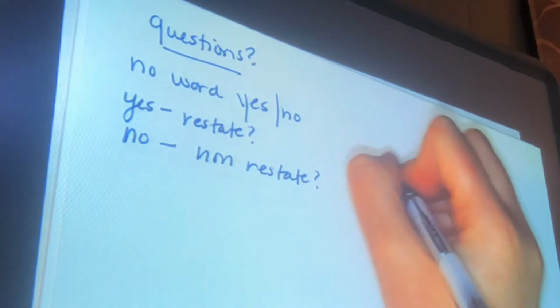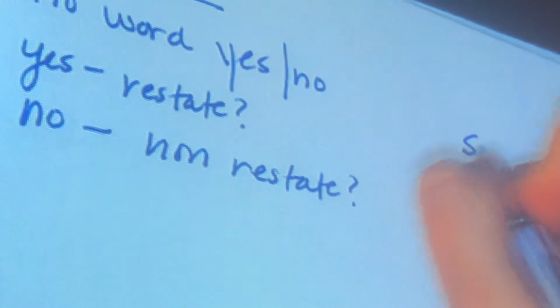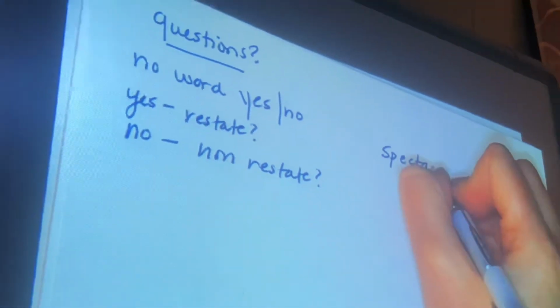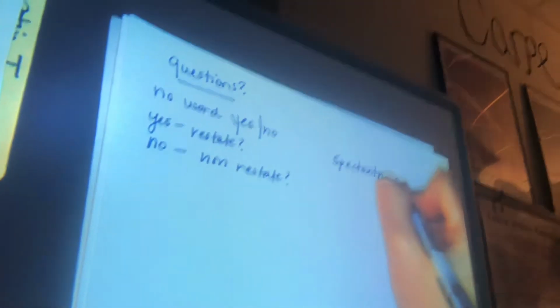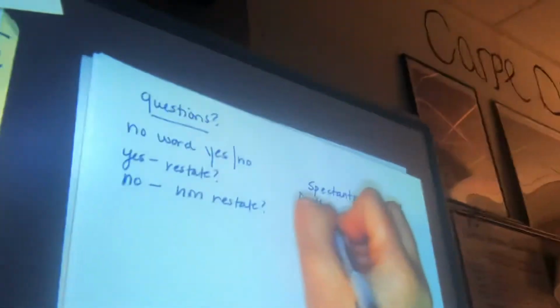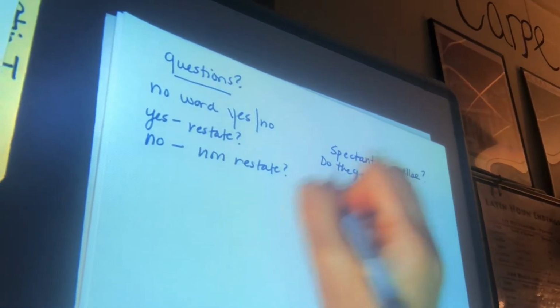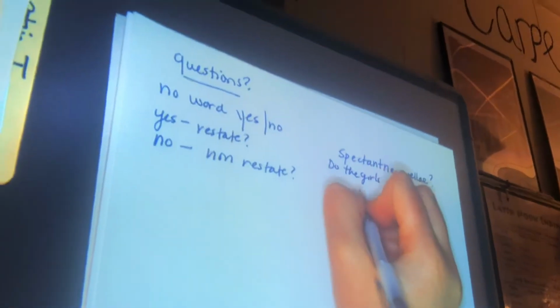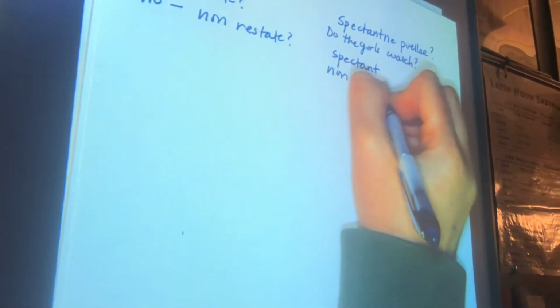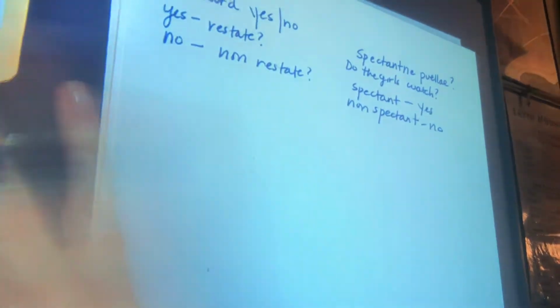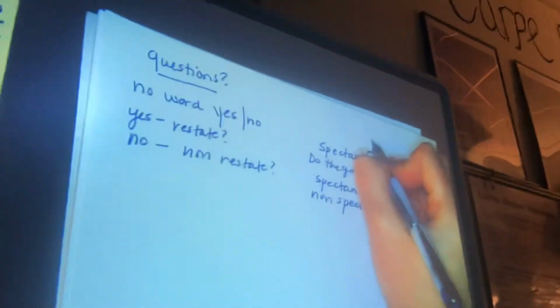So if I said spectantne, do the girls watch, you could say spectant or non spectant. Yes or no. Just simple yes or no questions. Remembering that the ne is just the question mark.